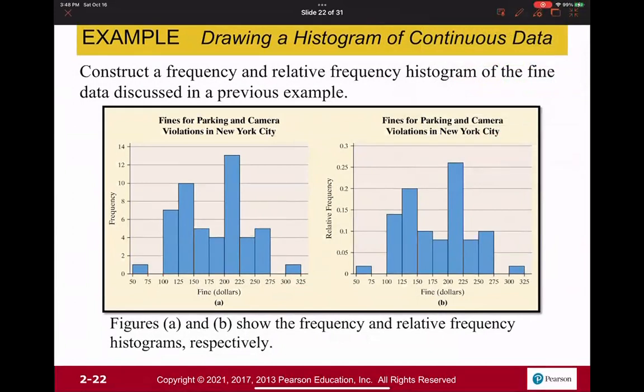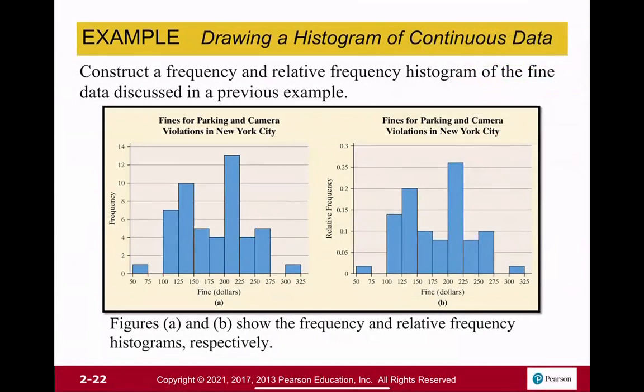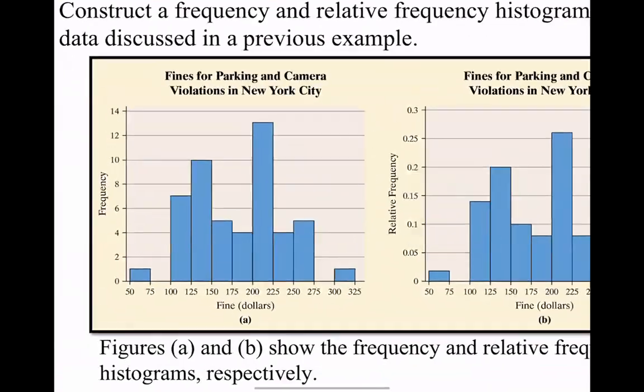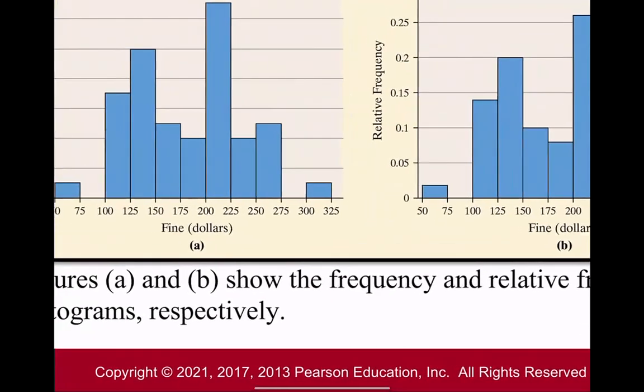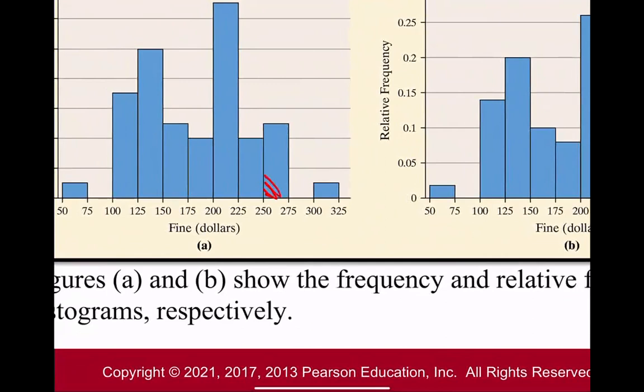So we did that. The reason why in a histogram the bars touch is for this specific reason too. So we know that everything in this box is going to be between 250 and almost 275, but it cuts off at 275. So 250 to 275, not including that 275.